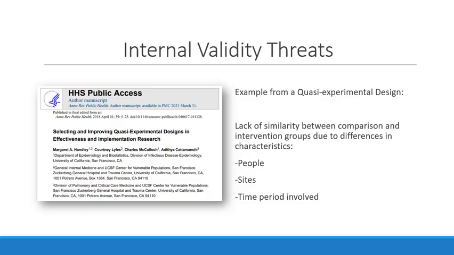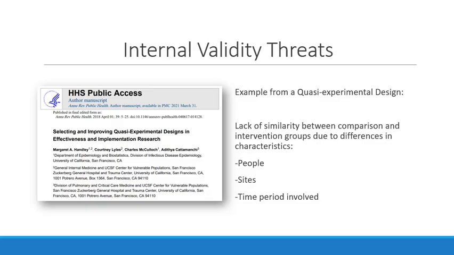Looking at internal validity threats, like a quasi-experimental design, how does that stack up versus a randomized control trial? There may be very valuable pieces of information that are gleaned from a quasi-experimental design.